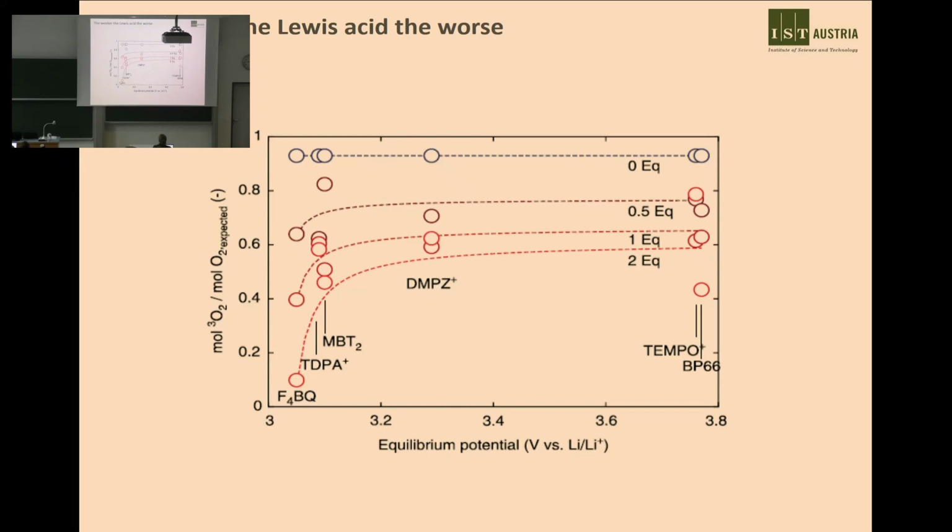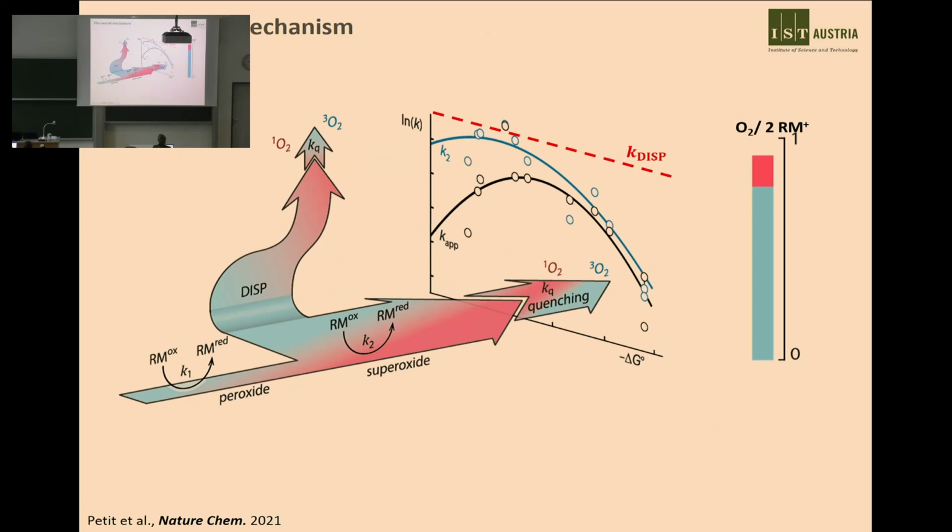As I've shown before, the yield of disproportionation to singlet or triplet depends on the presence of weak Lewis acids. You may take the equilibrium potential of the mediator, since the oxidized form of the mediator is always a weak Lewis acid, as a proxy of the Lewis acidity, and we also see a trend in this. And so this would be the overall mechanism.